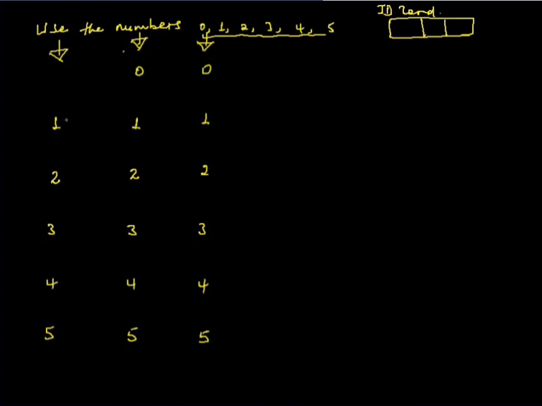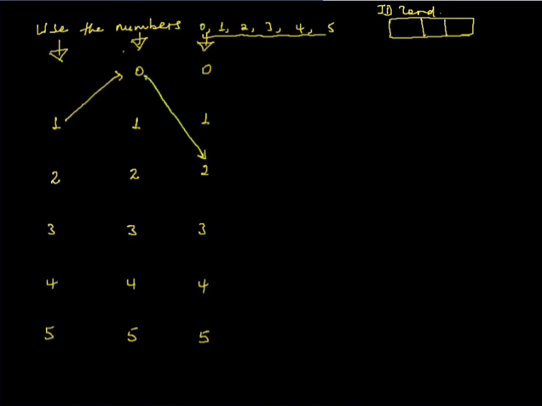For example, we can't use 1 0 0, because 0 should not be repeated. We also can't take 0 1 1, and 1 0 1 will not be taken, since 1 should not be repeated, but we can form the number 1 0 2.